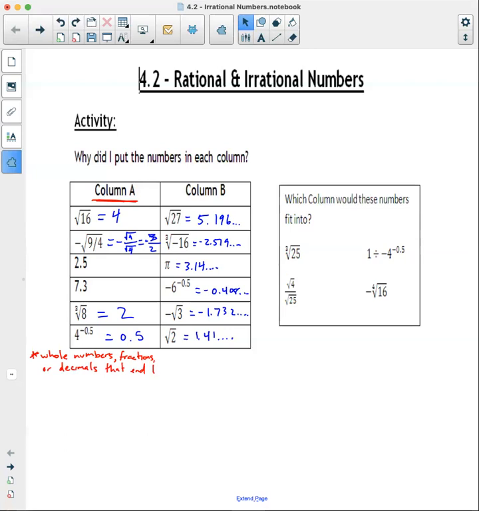They end. So whole numbers, fractions, or decimals that end, these are going to be rational numbers.